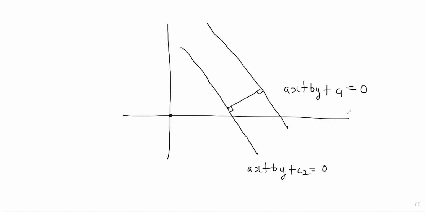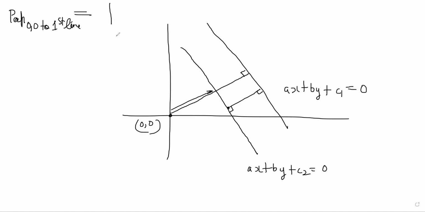However, what we can do is find out the perpendicular distance from origin to one of them and origin to the other one and subtract, right? So from 0, 0, let's say 0, 0 is my point. Perpendicular from 0, 0 to first line.